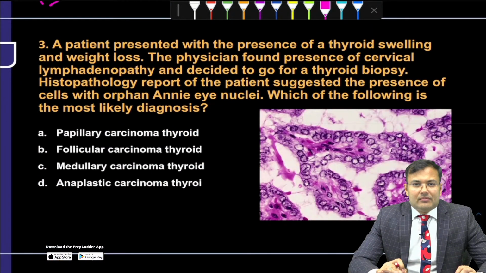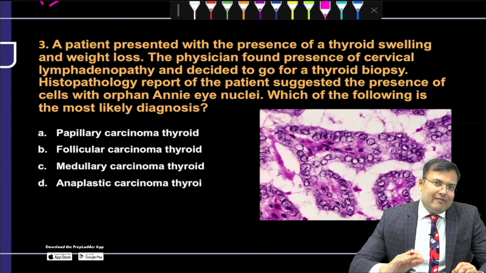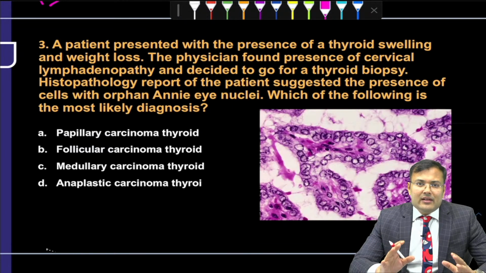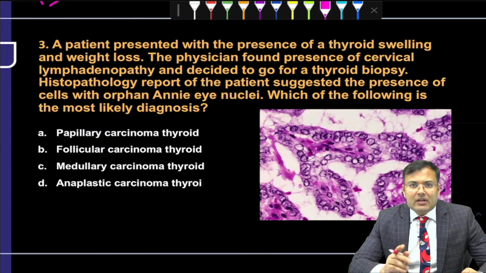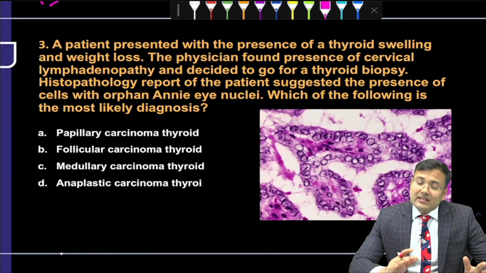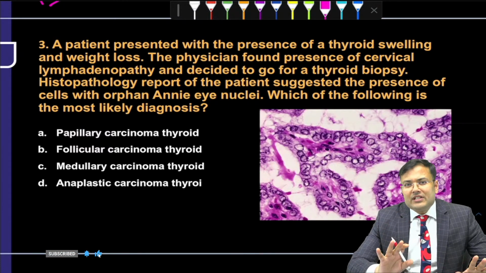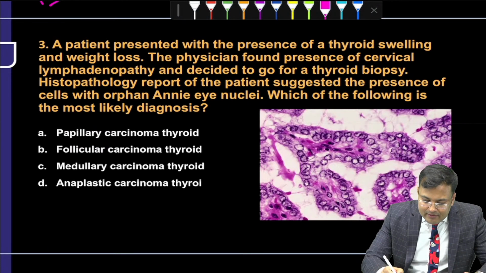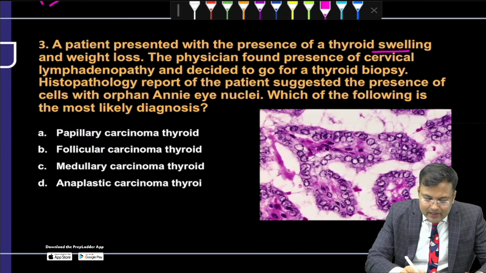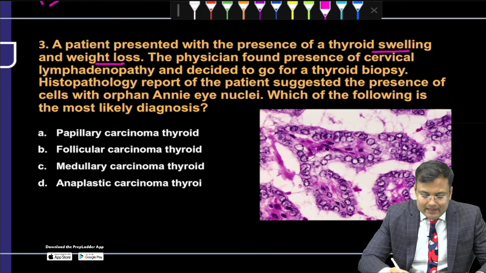Again a repeat question. Similar questions have been asked in pathology, and these kind of questions were asked in INI-CET, it was asked in AIIMS, it was asked in FMGE as well as NEET PG. And let me tell you, almost every year this question is asked. A patient presented with thyroid swelling and weight loss, means malignancy.